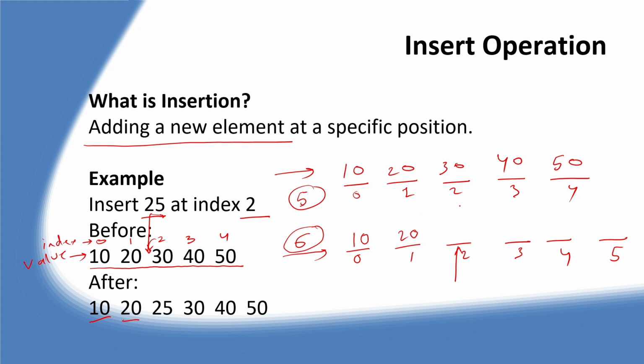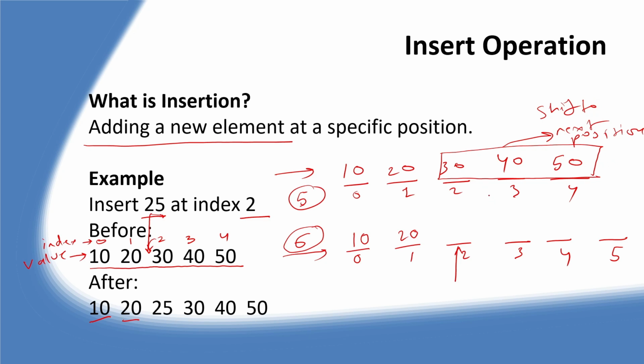Now we want to insert a value at index 2, but there is already some other value sitting on index 2. So we will shift the remaining elements from index 2 to the end of the array. We will shift all these values to the next position.